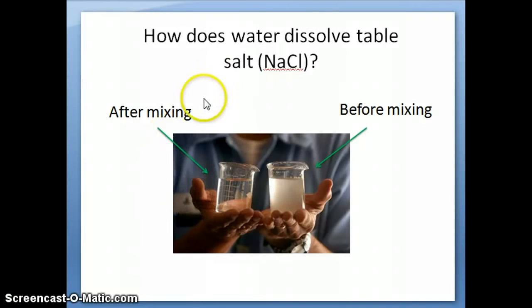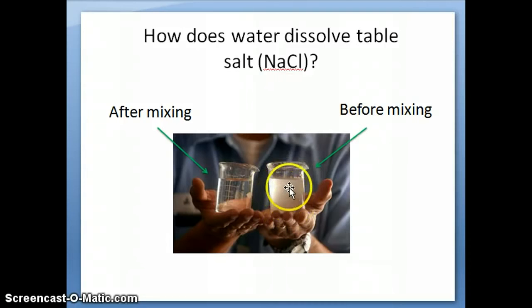So here I want to briefly show you an animation which would kind of end this first video on how water acts as a solvent. The question that I'm asking here is, how does water dissolve table salt, which is sodium chloride? If you take a beaker of water and put some table salt in it, you can do this experiment at home.